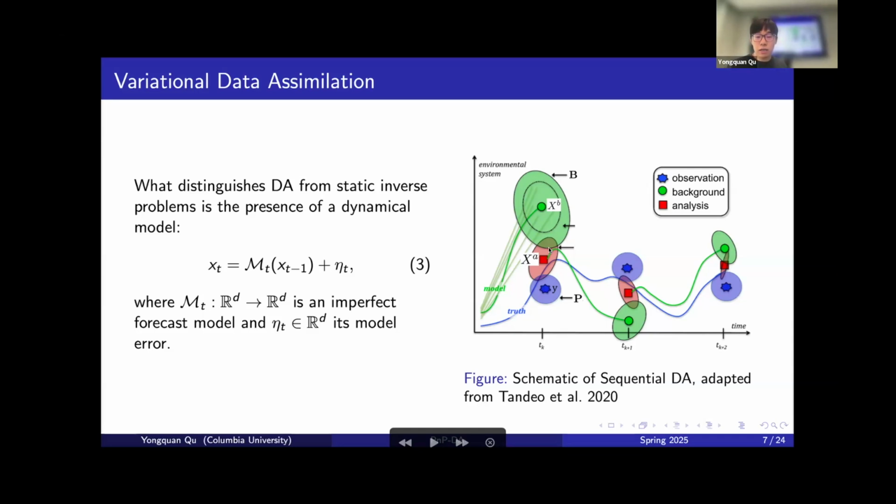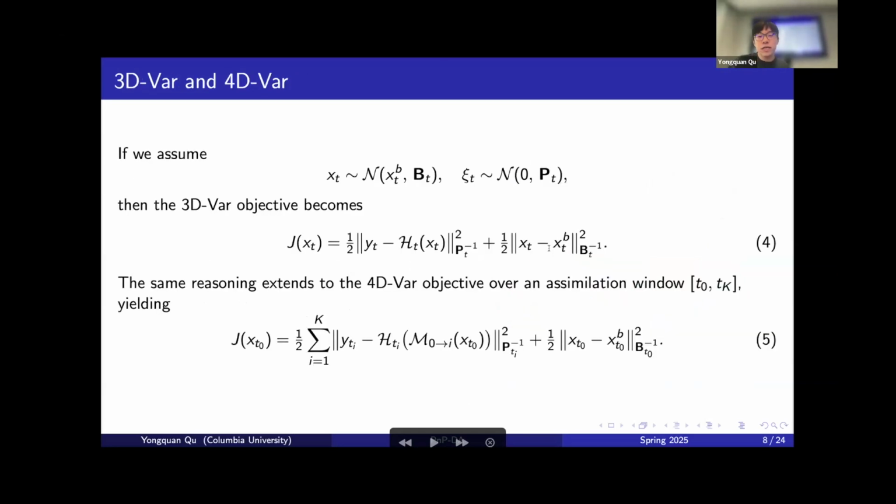Here we talk about the R term as a prior. The dynamic model gives a natural suggestion of prior: we believe the true state should not be too far from the background. If we assume the true state is normally distributed around the background term with some background error covariance, and we use Gaussian noise for the observation process, we can write down the optimization target for 3D variational data assimilation. The first term is the F term in the optimization, and the second term is the R term.